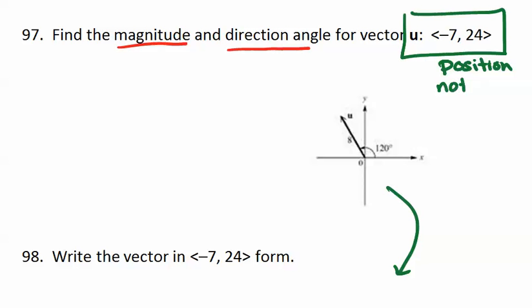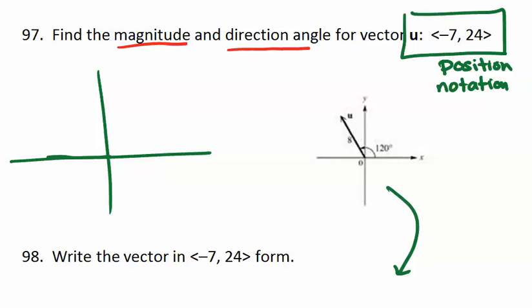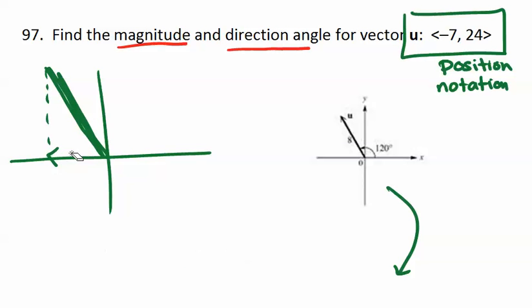Position notation means that the angle begins at the origin. So we want to travel -7 units in the I direction and then 24 units in the J direction. And there is our vector. Let me make these both dotted. So we're traveling -7, then we're traveling +24, and there's our resultant vector.